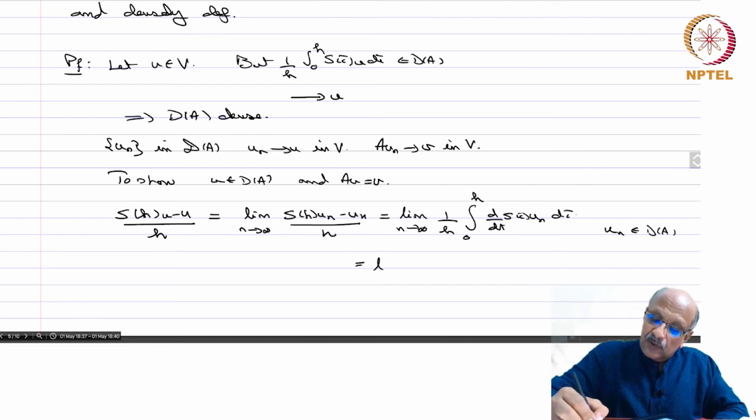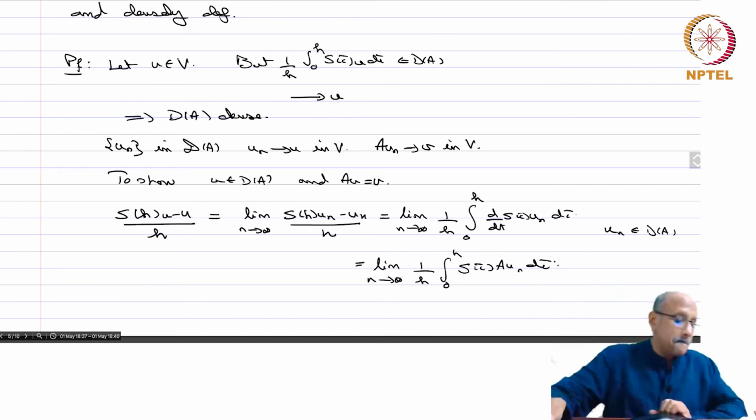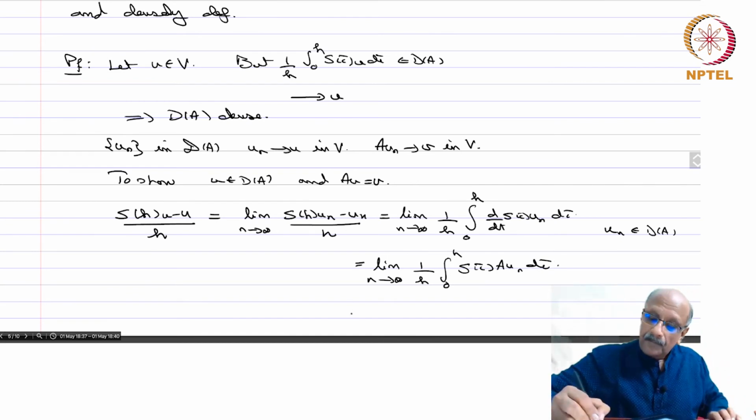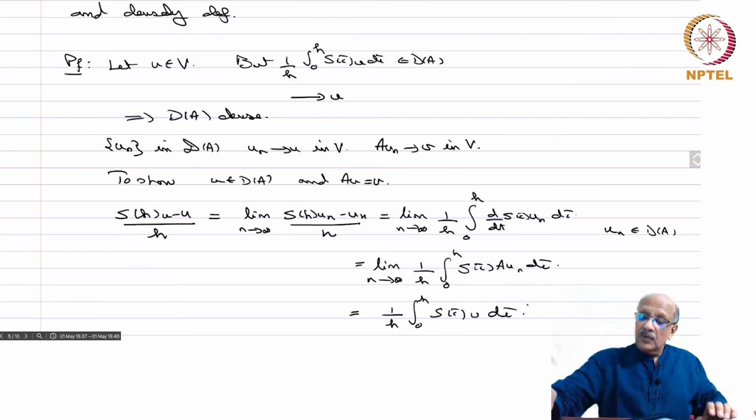and therefore this is equal to the limit as n tends to infinity of 1 by h integral 0 to h of A S tau of u_n d tau. But then this limit we know is nothing but 1 by h integral 0 to h S tau of A u_n, where u_n goes to v, and therefore this is equal to v.